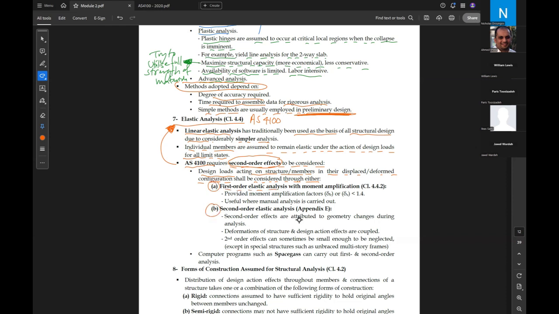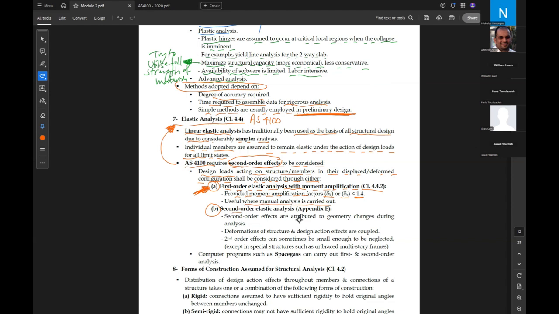First, first order elastic analysis with moment amplification in clause 4.4.2. This method requires the moment amplification factor delta B or delta S to be less than 1.4. This method is preferable when the manual analysis is carried out.